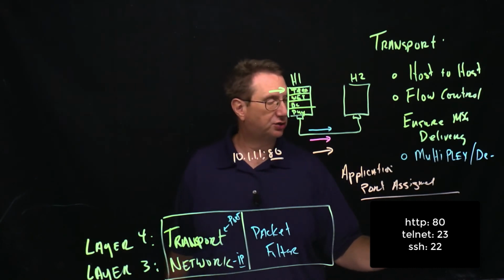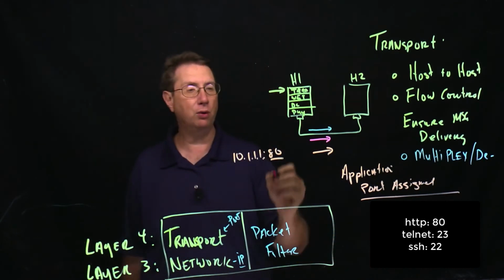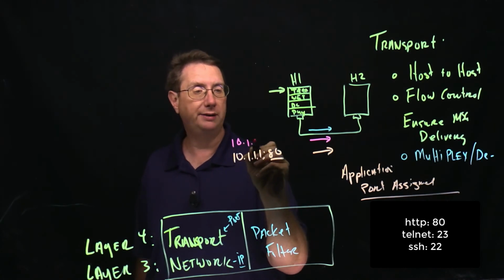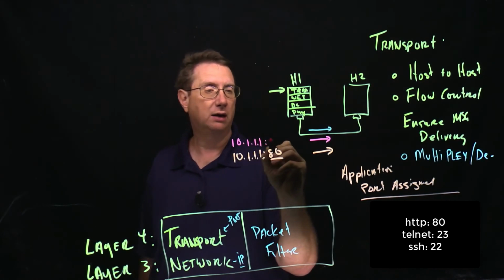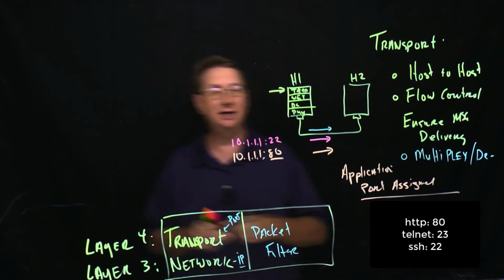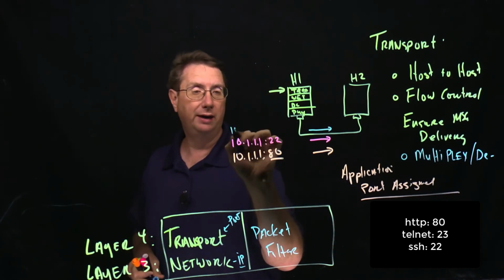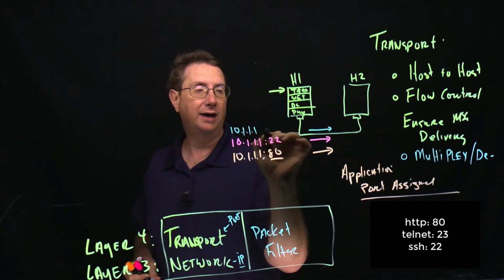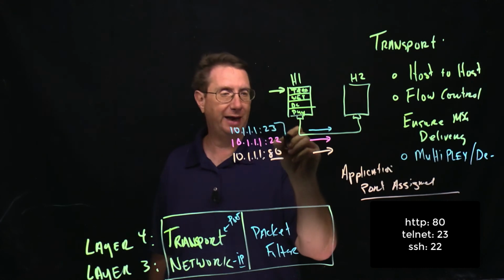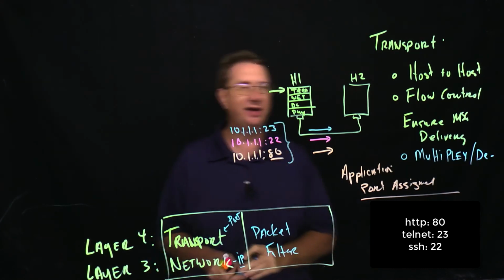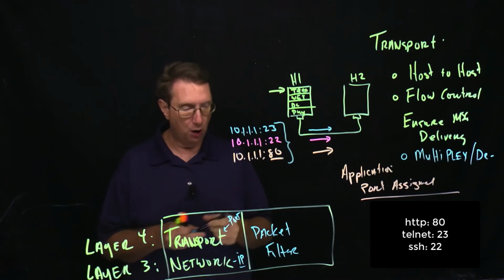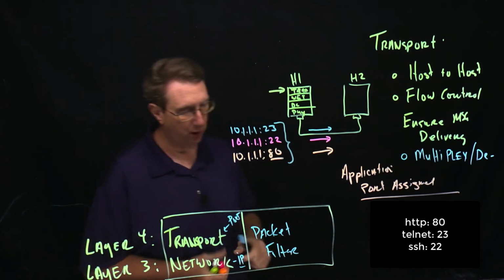So again, it's through the deployment of these ports that I can send information to 10.1.1.1:22, or I could send information to 10.1.1.1:23, and this allows me to utilize the addressing schemas in such a fashion that I'm sending information to these well-known ports and these well-known destinations.